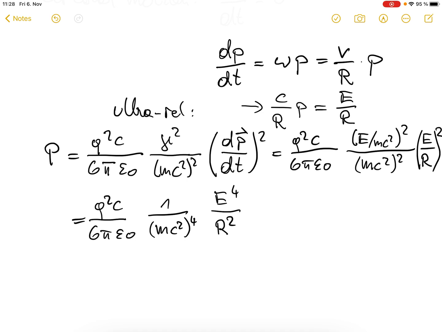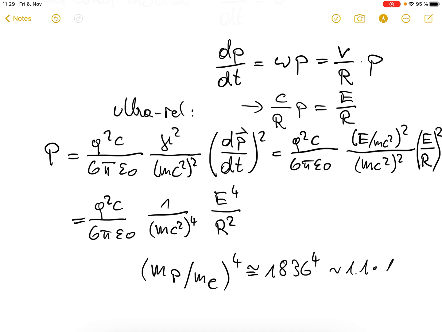Because we know the mass of the proton divided by the mass of the electron to the 4th power is very roughly 1836 to the 4th power, which is 1.1 times 10 to the 14. That's the suppression factor when you replace electrons with protons at the same energy.